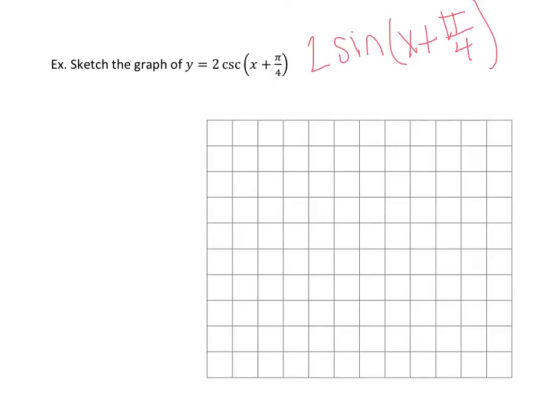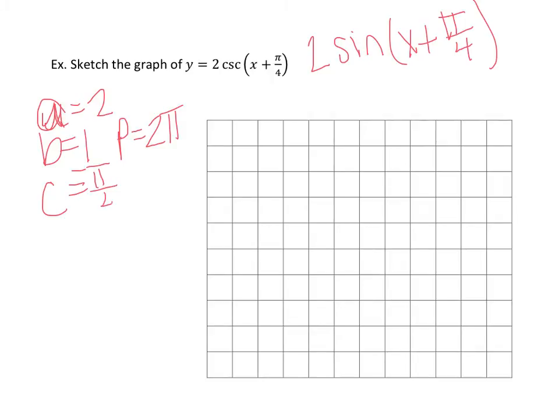Okay, for this one, I know my a is equal to 2, b is equal to 1, which means my period is going to be 2 pi, c is equal to negative pi over 4, and so I'm going to be moving left, pi over 4. D is equal to 0. There's no vertical shift.